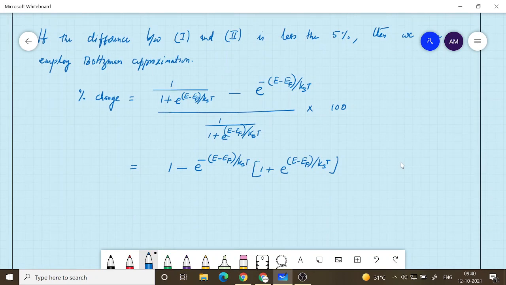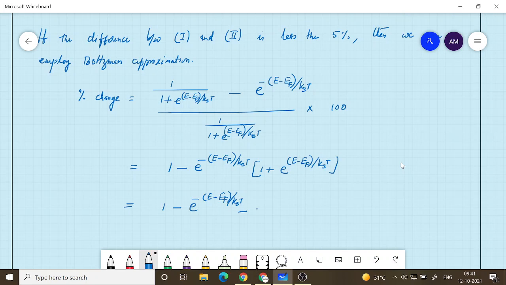Because the denominator becomes 1, if I expand it, it will be 1 minus e raised to (E minus Ef) by kBT, and then minus, the same exponent, one with the minus sign and the other with the plus sign.